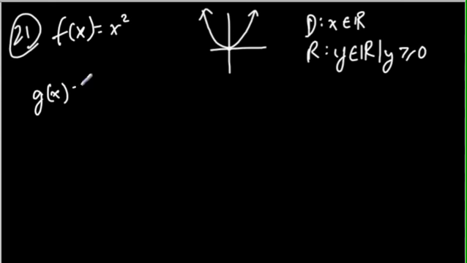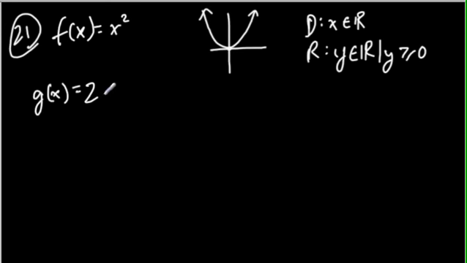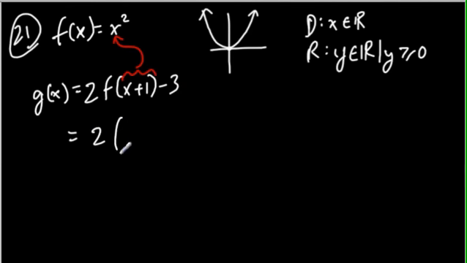Let's do g of x, which is 2f(x plus 1) minus 3. Remember, all we're doing is taking the argument here and plugging it in for x. So this becomes 2, and that's squared, and what's inside is simply x plus 1, minus 3.